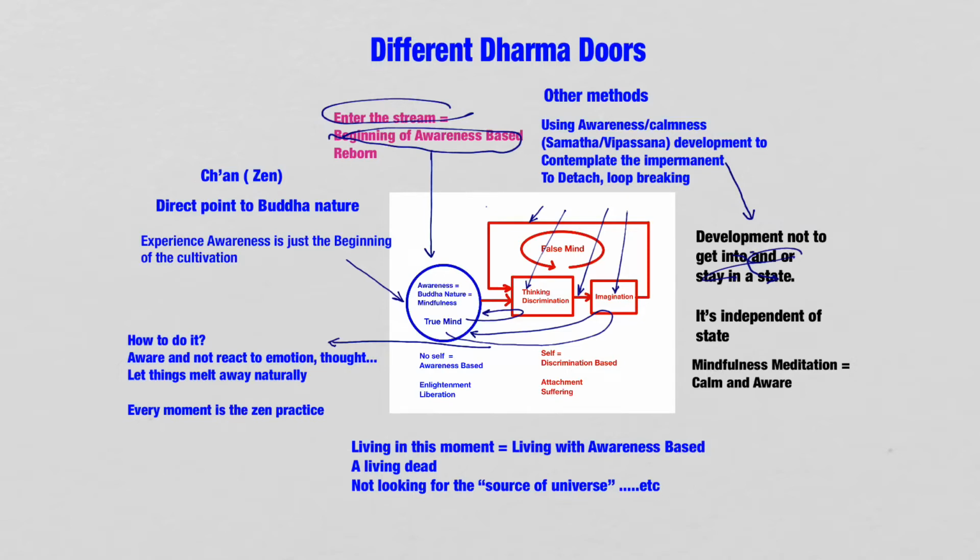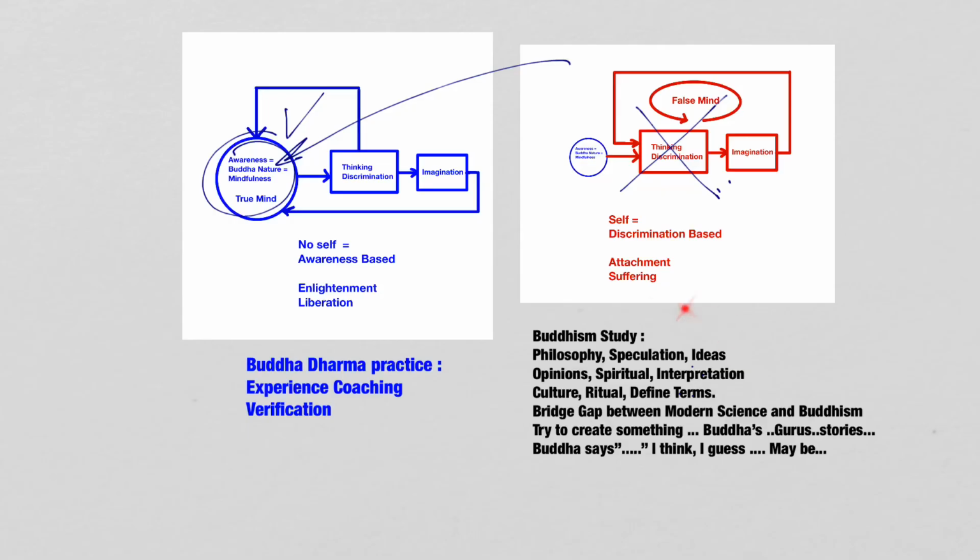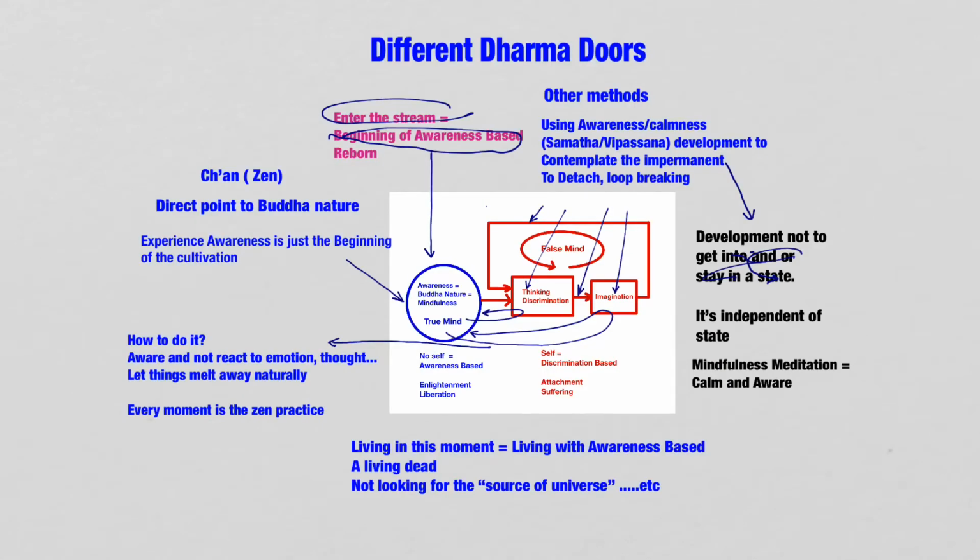One needs to practice this instead of going through all this. If you're going through all this, one will never know what is going on, and thus one will never be liberated.